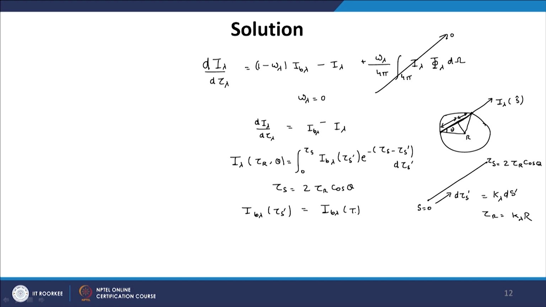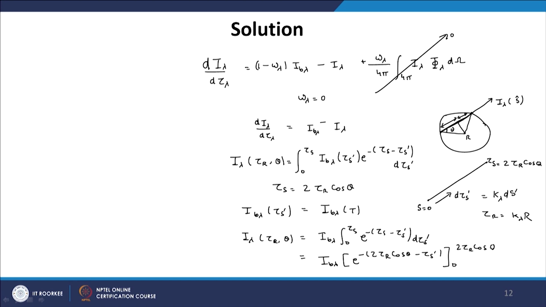It does not depend on path, so we can take it out of the integral. Our I lambda, which is now a function of tau r and theta, is equal to I_b lambda taken out, integral 0 to tau s of e^(tau s minus tau s prime) d tau s prime, and this will be equal to I_b lambda e^(minus 2 tau r cos theta minus tau s prime), and then this will be 0 to 2 tau r cos theta, where we have substituted tau s equal to 2 tau r cos theta.